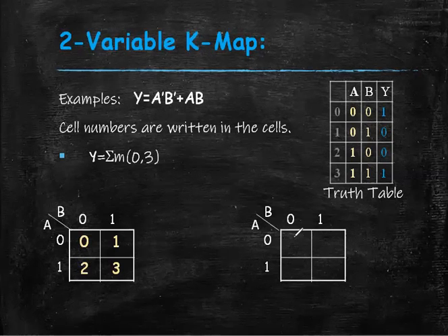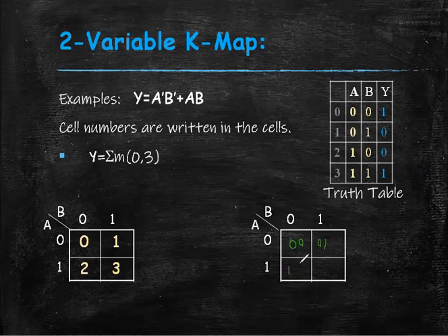It is the position of 0 0, the position of 0 1, the position of 1 0, and the position of 1 1. This 0 0 means it is A bar B bar, then A bar B, then A B bar, and A B.